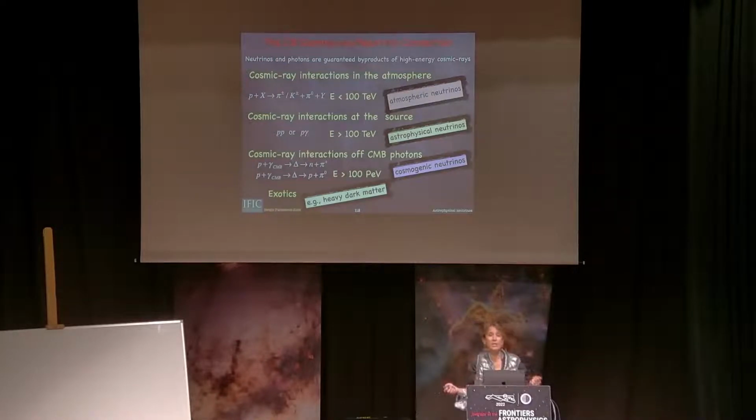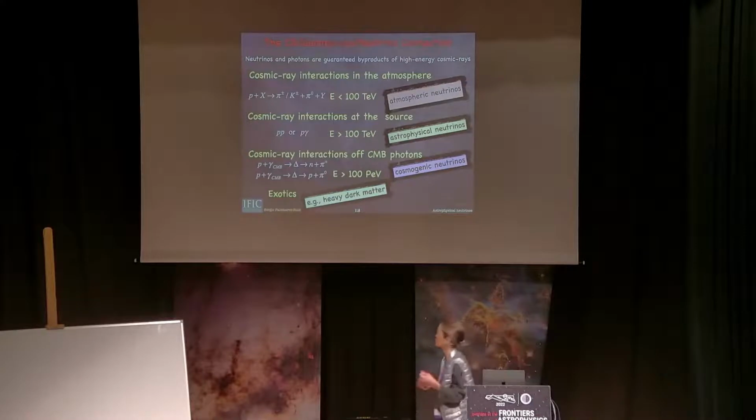The delta is a family of subatomic particles made of three quarks. These have energies about 100 PeV. A PeV is 10 to the 15 eV, so they have really large energies. And they are produced in processes like this: p plus gamma CMB, delta, to neutron plus positive pion, or proton plus neutral pion, okay?